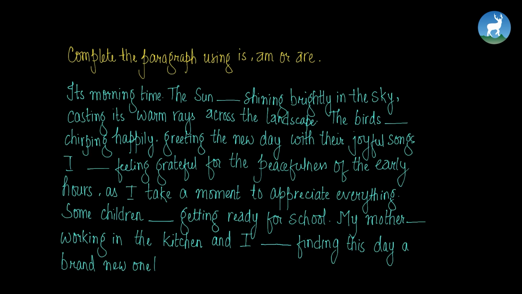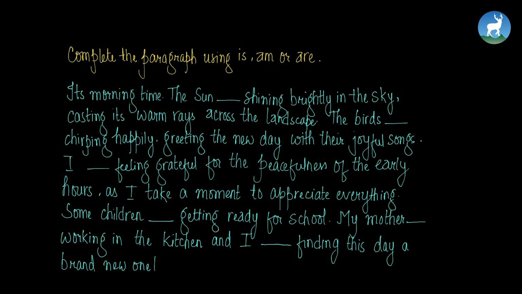So here's an assignment for you all. You have to complete the given paragraph using is, am or are. So the paragraph goes like this. It's morning time. The sun dash shining brightly in the sky, casting its warm rays across the landscape. The birds dash chirping happily, greeting the new day with their joyful songs.